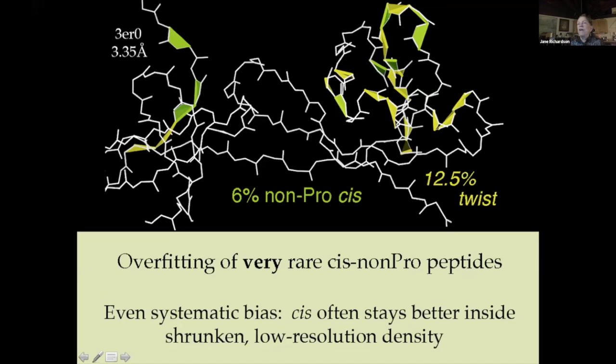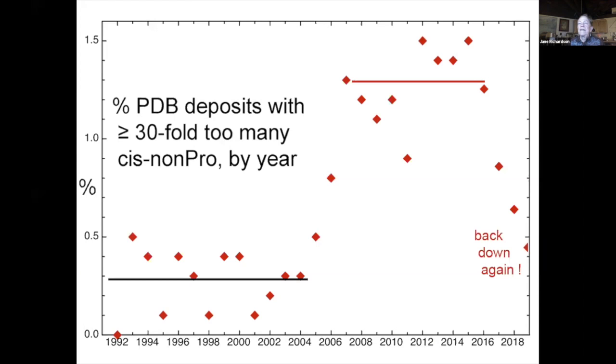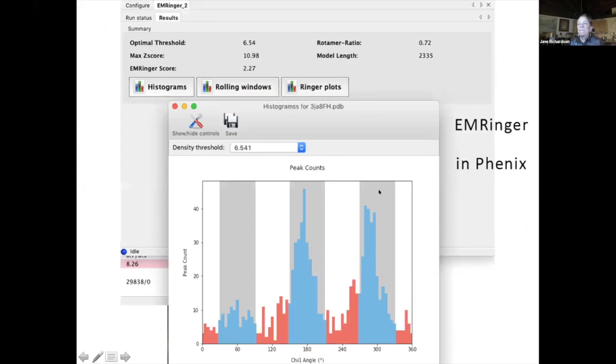So at 3 to 4 angstroms, you should never fit a cis non-proline unless you have evidence from a related structure, for instance, where it's known to occur. But don't try to make all your cis prolines trans, which has happened occasionally recently. And so this is just this epidemic where people use a lot too many, and now it's back down to about what it was before.